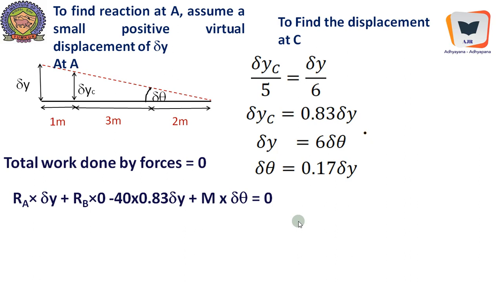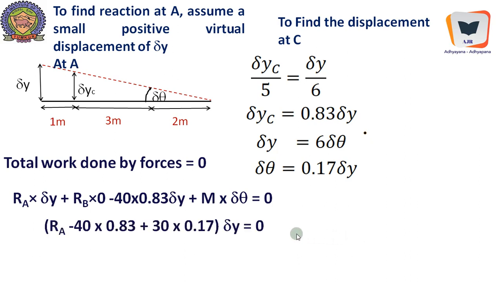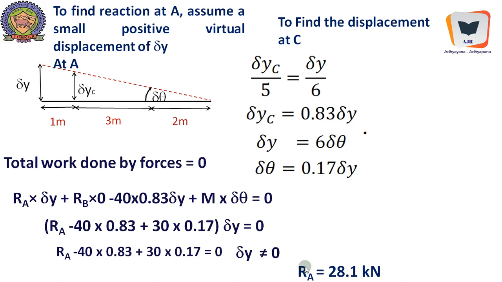M is also positive, del theta is also positive. So we replace del theta with 0.17 del y. So now this is the expression, and del y cannot become equal to 0. Therefore this expression should be equal to 0. And what we get is the value of RA is 28.1.